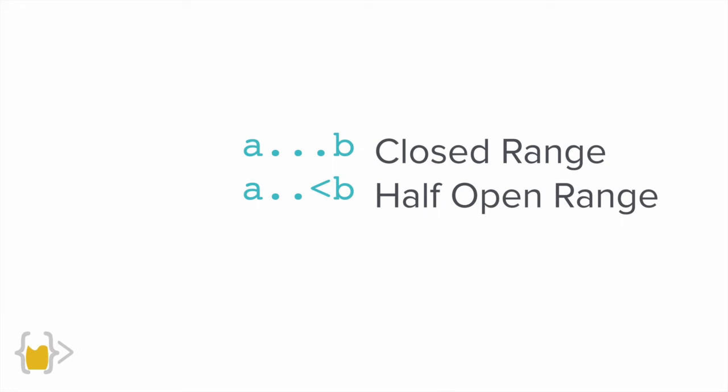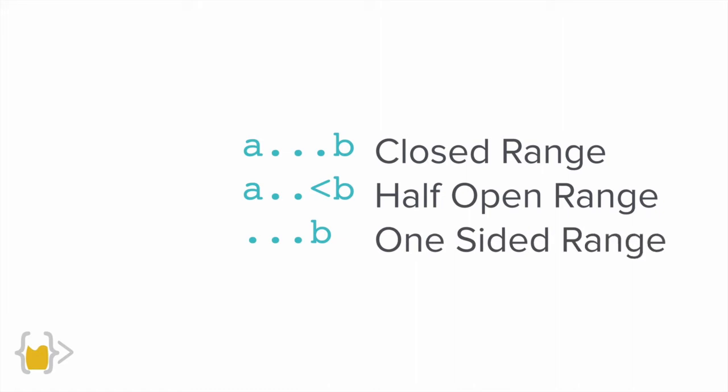And this means that we have a range between A and B, but not including B. And finally, one that you haven't seen yet is something called a one-sided range operator, where you leave one of the sides, either the A side or the B side, empty. So this means that we're creating a range that is up to and including B, but it can be any number that's less than B.